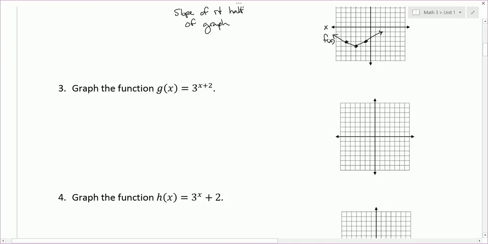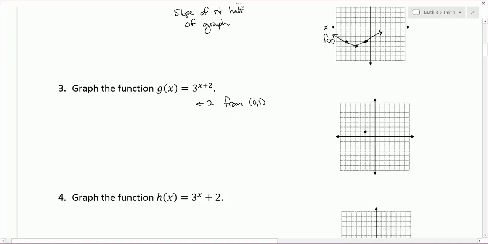In this case, that x plus 2, the 2 is up in the exponent with the x value, so that's going to move us to the left 2 units. But here, be careful, we're not translating from 0, 0, we're translating the point 0, 1. So if we start at 0, 1, move left 2 units, we're at negative 2, 1.